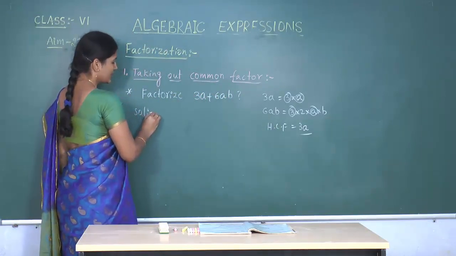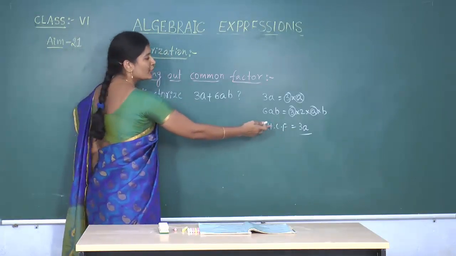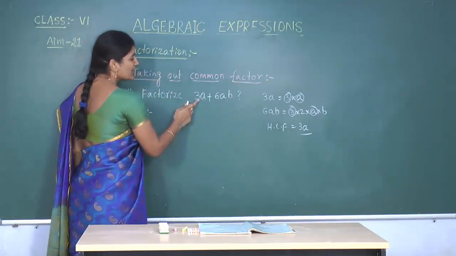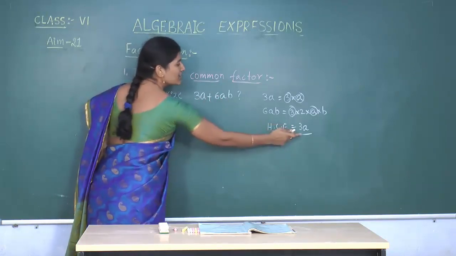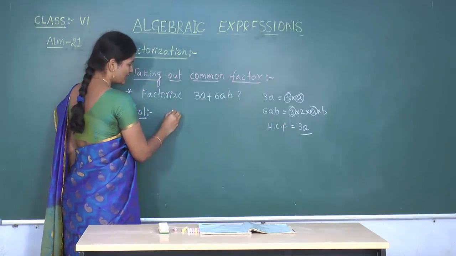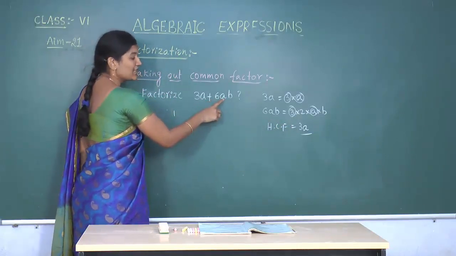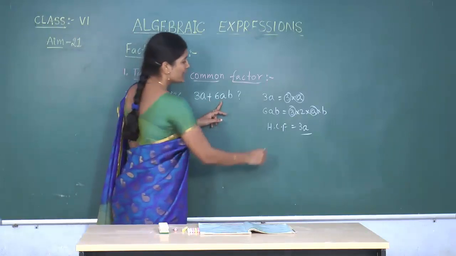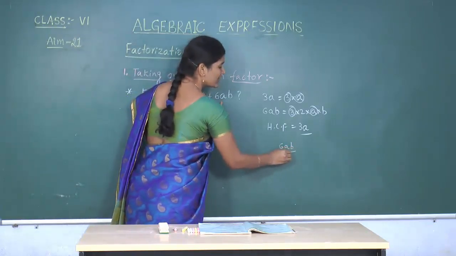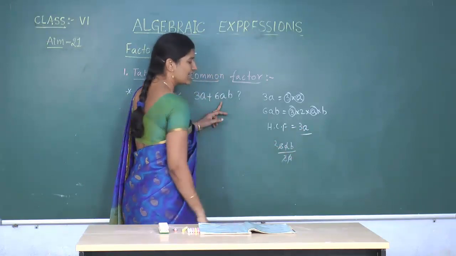Let us see the solution of this problem. Now 3a is the common factor. You have to divide each term by 3a. 3a by 3a gives 1, which is the coefficient of the first term. To find the coefficient of the second term, divide 6ab by the HCF 3a. Here 3 goes 2 times and a gets cancelled.